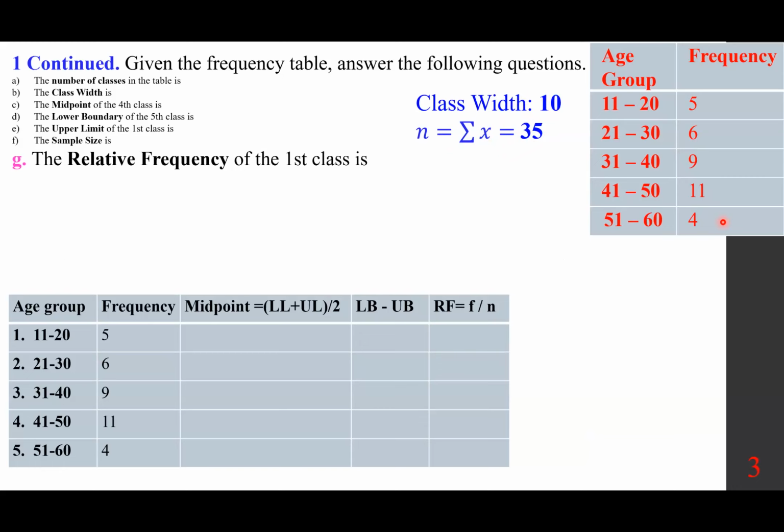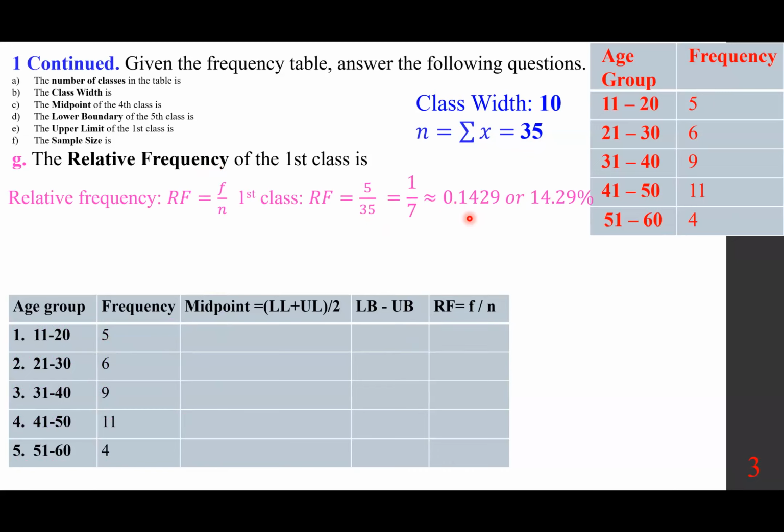So if you want a relative frequency, find the frequency of a specific class and divide by the total size. We want it for the first class. The answer is 5 divided by 35. So by definition, relative frequency is F over N. 5 over 35. Now, 5 over 35 is the answer. If it's a fraction, you always put it in lowest terms.